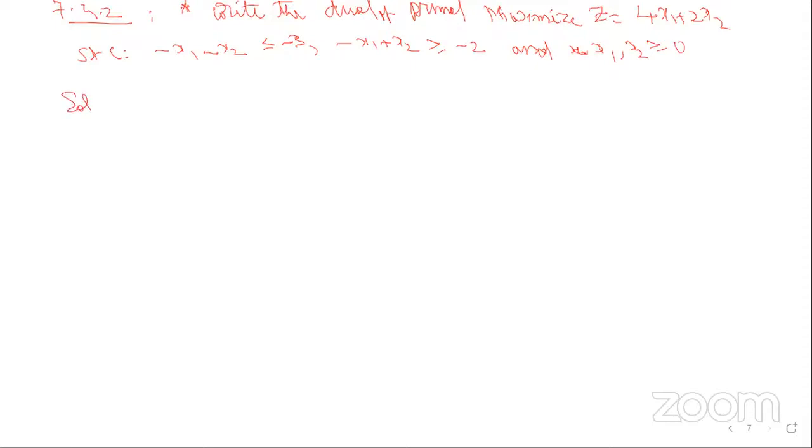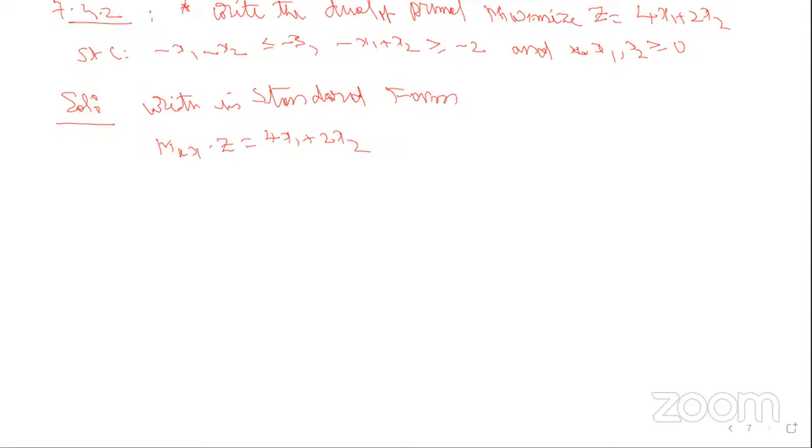Solution. First, the given primal problem, you have to write in standard form. Max z equal to 4x1 plus 2x2.